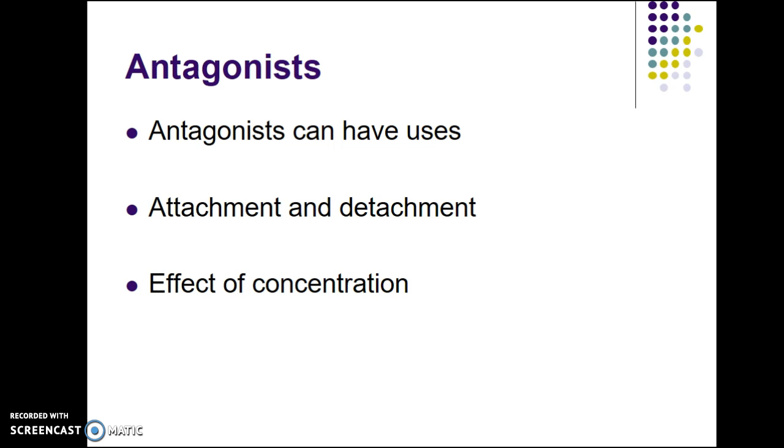So a very common antagonist that you have probably all heard of, in the news these days with our opioid crisis, is a drug called Narcan. It's also called naloxone. That particular drug is an antidote to opioid overdose. It basically goes and blocks those opioid receptors, not allowing the opioid drug to take effect and starting to reverse it.